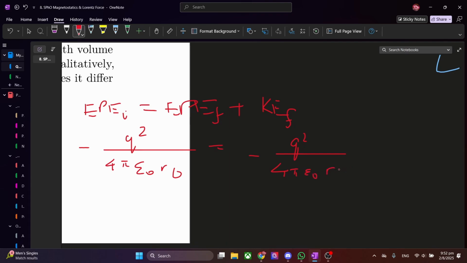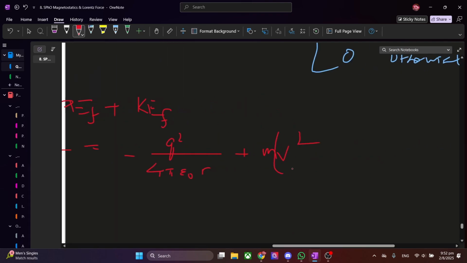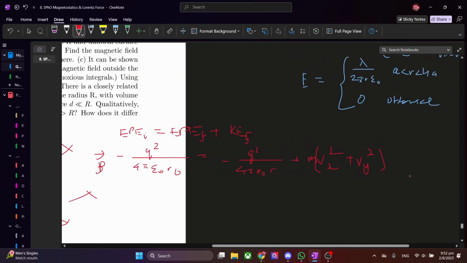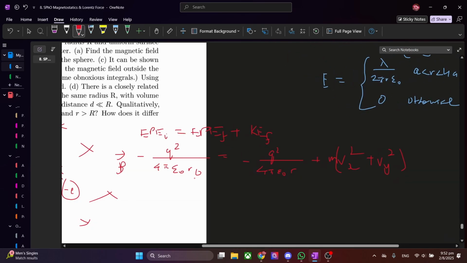This is at some arbitrary distance r. Then you add the two kinetic energies of them, which is just mv squared, and by Pythagoras' theorem, we can rewrite this as Vx squared plus Vy squared. So this is our statement of the conservation of energy.